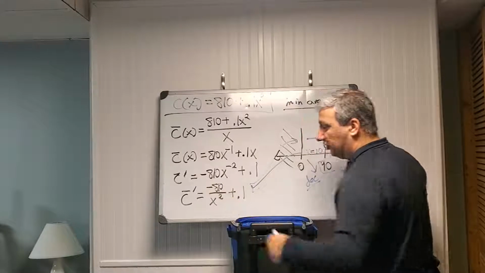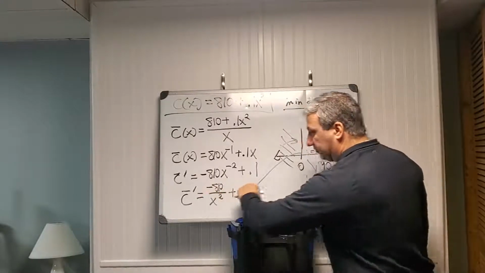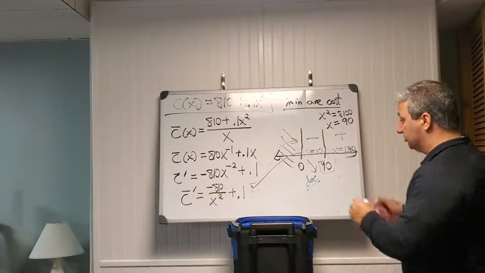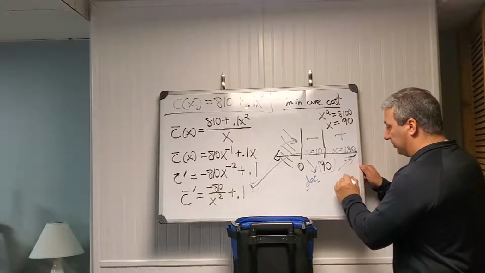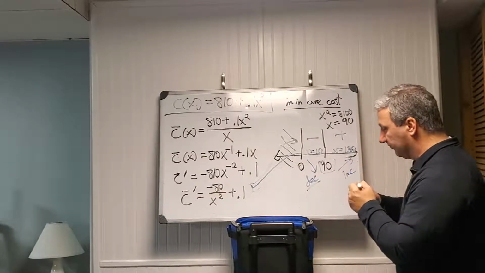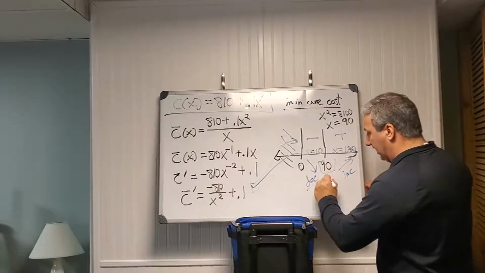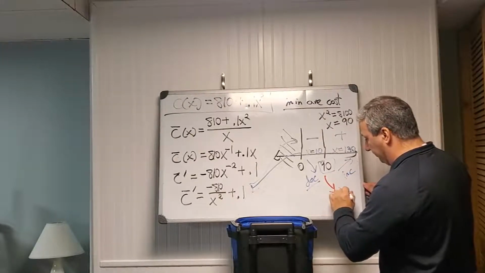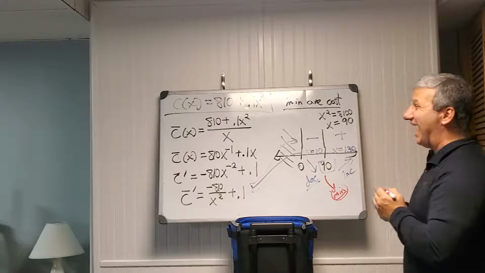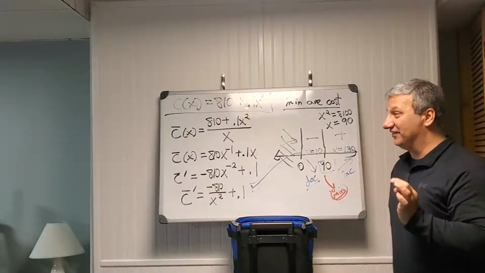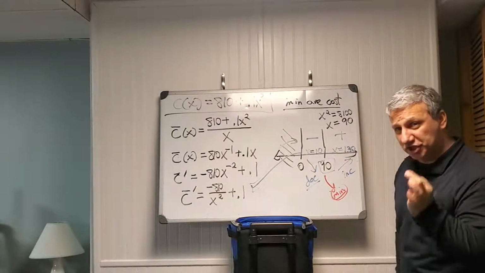Negative 810 over huge is close to 0. Plus 0.1 is positive. So I definitely know my function is increasing. And if I go from decreasing to increasing, I have definitely found my minimum. So at 90 units, I have got my minimum average cost.